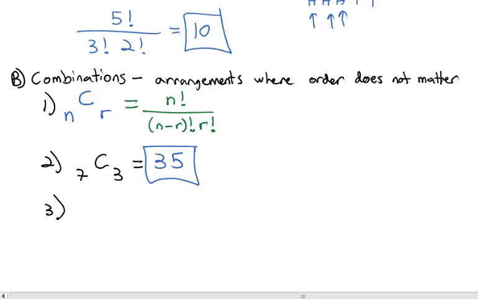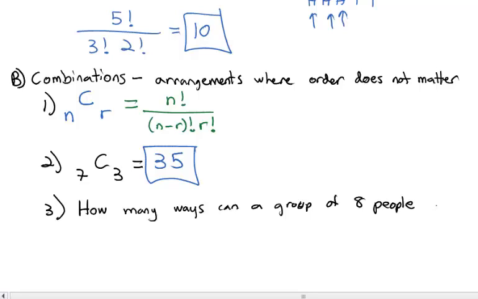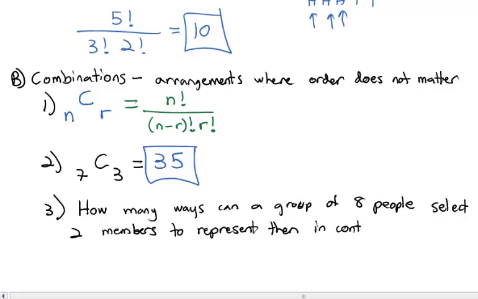How that looks in a problem is you'll see a question like how many ways can a group of maybe 8 people select 2 members to represent them in contract negotiations.